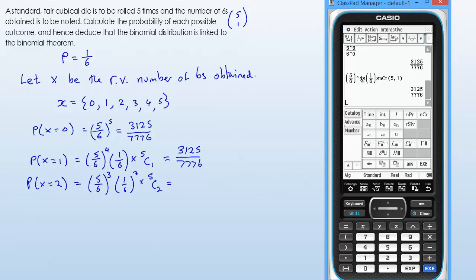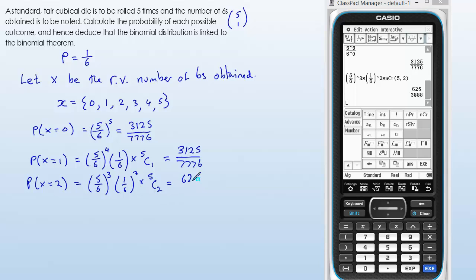So we've got 5/6 to the power 3, and then that 1/6 there needs to be squared, and then we have 5C2, and that's 625 over 7776.